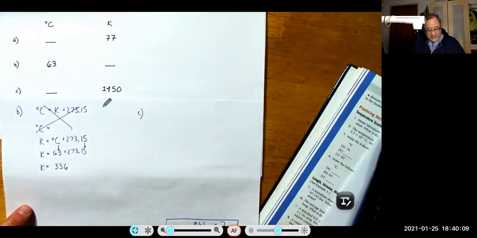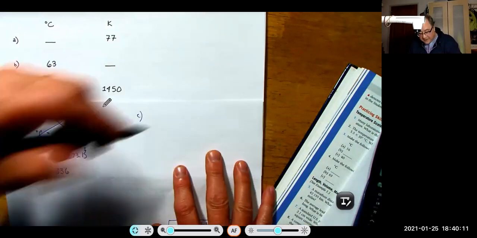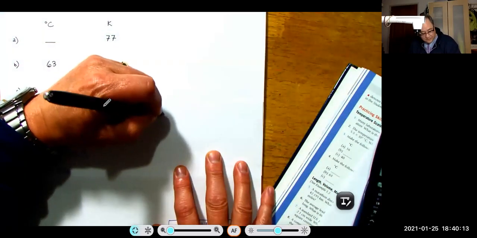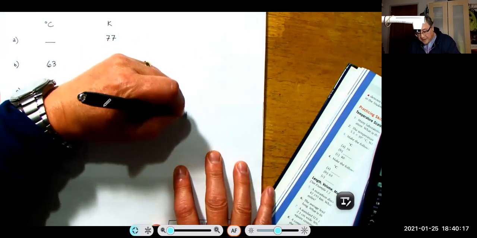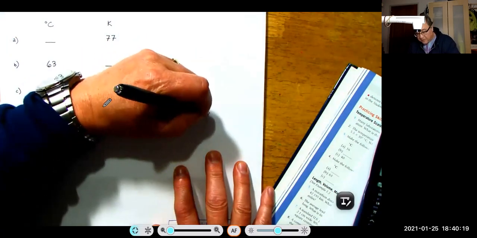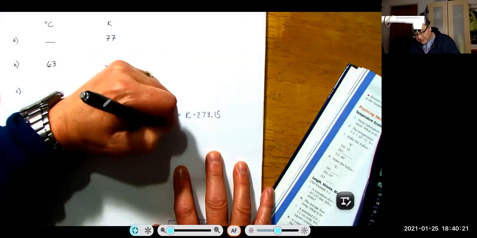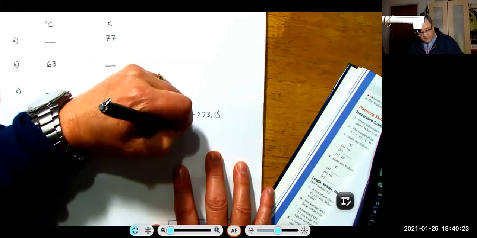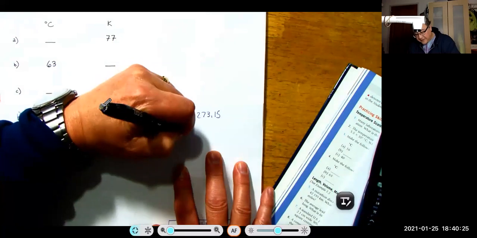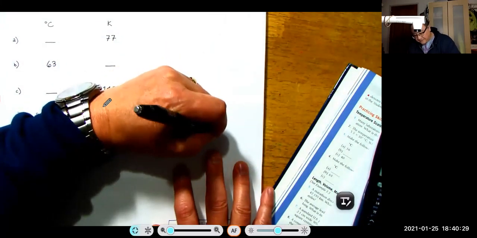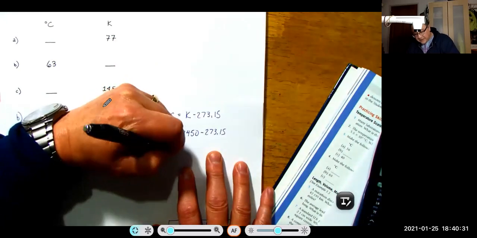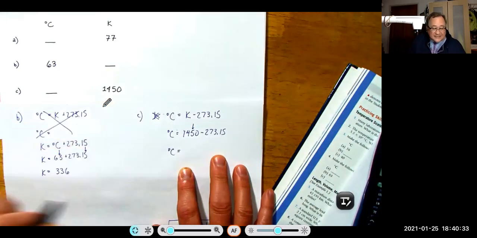For C, we're going to have Kelvin. Actually, we're doing the degree Celsius. Degree Celsius is Kelvin minus 273.15. So degree Celsius is 1450 minus 273.15. And here, this is only good to the tens.